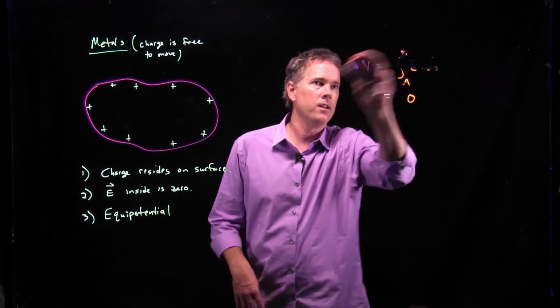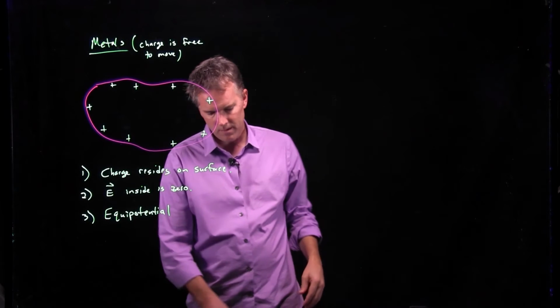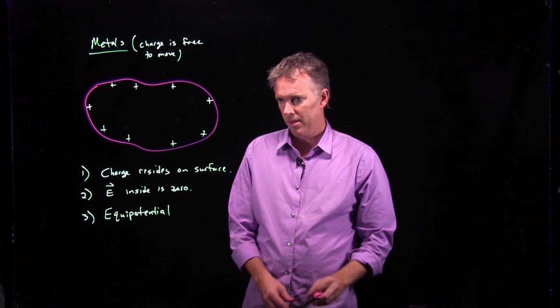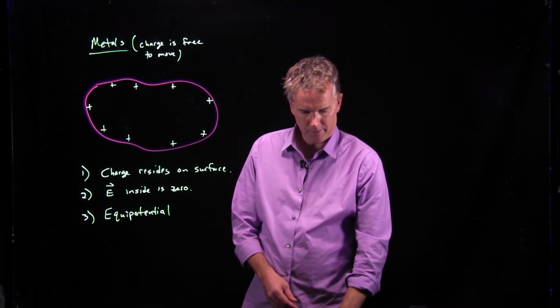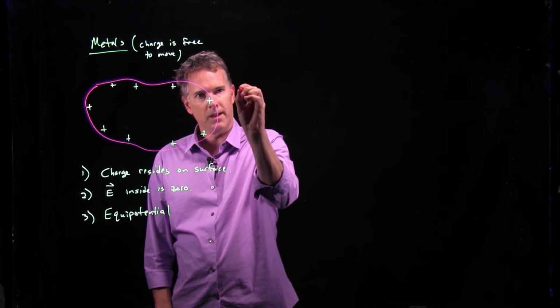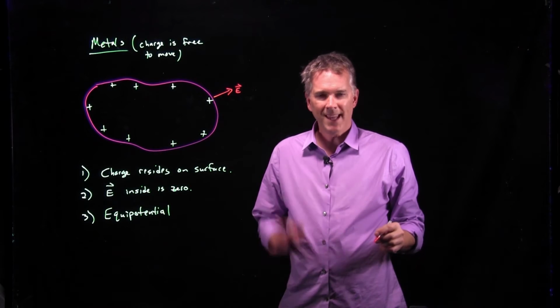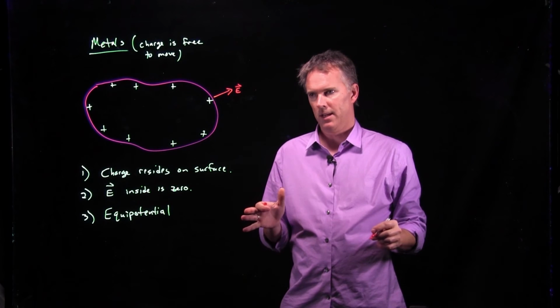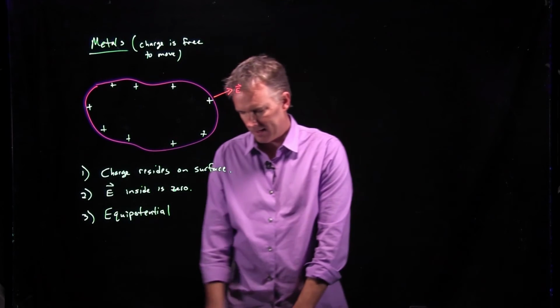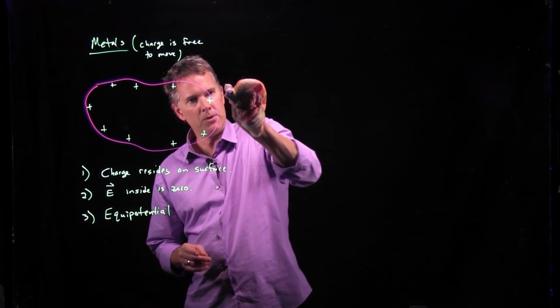What else can we say about metals? Well, how about this? The electric field is pointing like that. But let's say it wasn't pointing like that. Let's say the electric field at the surface was pointing in some other direction.